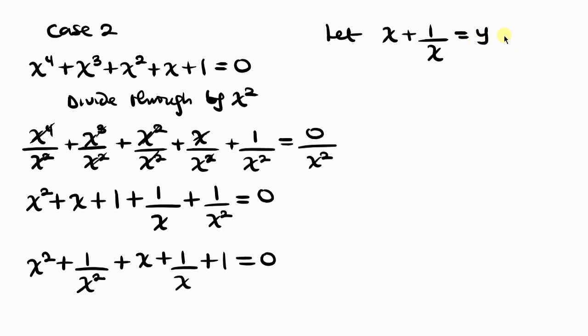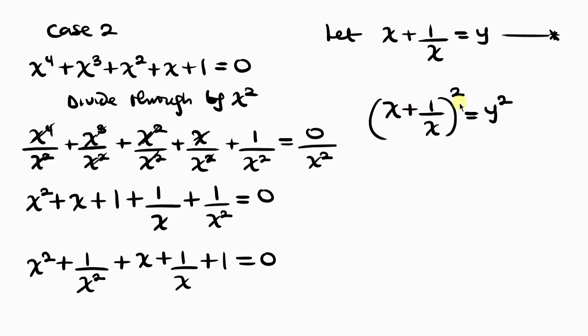So I'll call this equation star. Now, I also need a term with x squared. And how do I get the term with x squared? Well, I'm going to be squaring both sides of equation star. So this is x plus 1 over x. I'll square the left-hand side equal to, I'll also square the right-hand side.